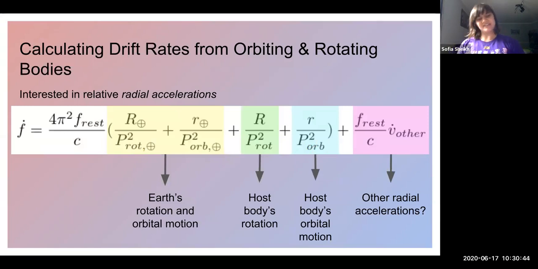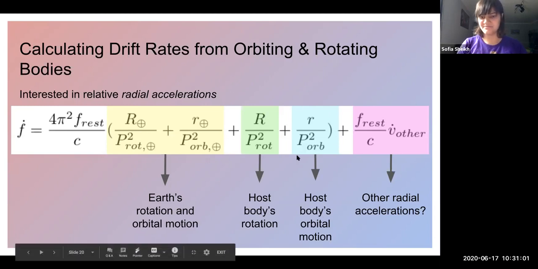So I basically took that diagram and plopped it into a time derivative of Doppler shift equation here. And what it comes down to is you have four terms, two from the Earth and two from your exoplanetary system where your transmitter is.